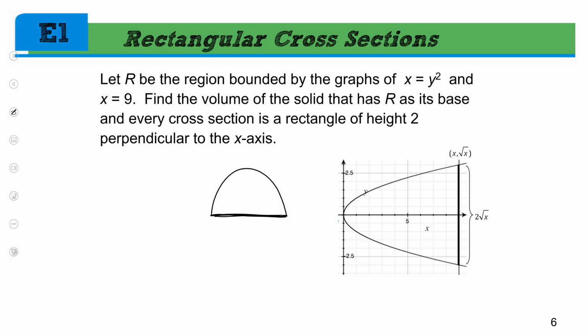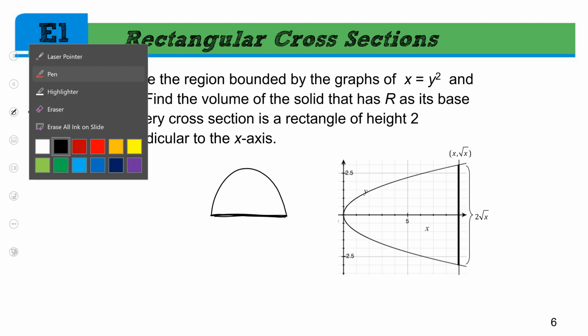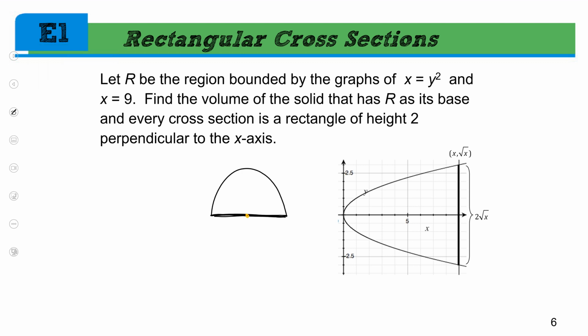What's the radius of that semicircle? Patrick? Good, root x. So the radius from here to here is the square root of x. Everybody good with that?